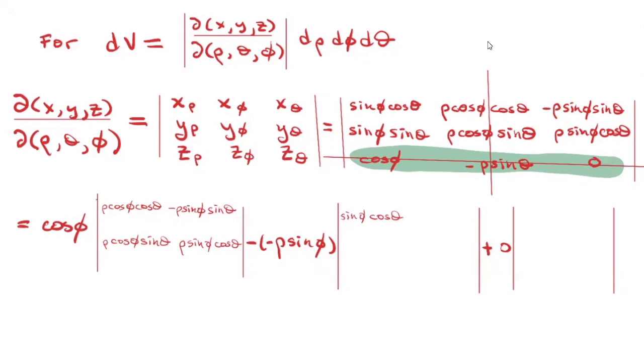And then a negative rho sine phi sine theta. Okay, and then in the next row down, I have a sine phi sine theta. And then a rho sine phi cos theta. Okay.